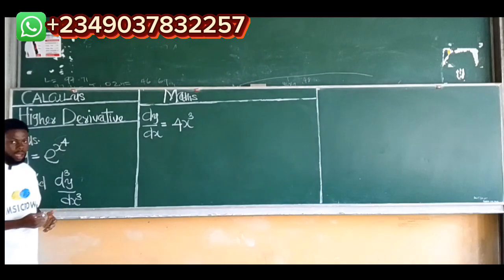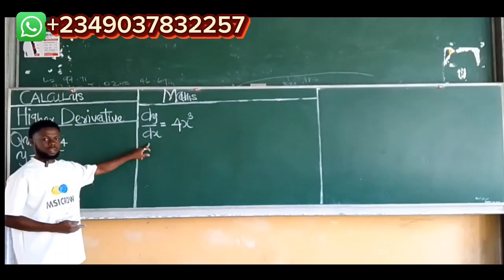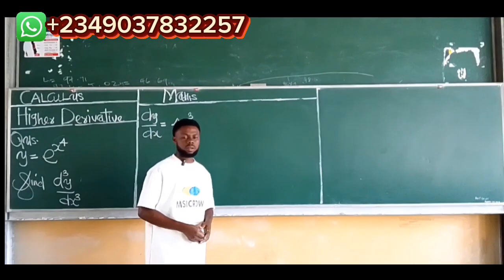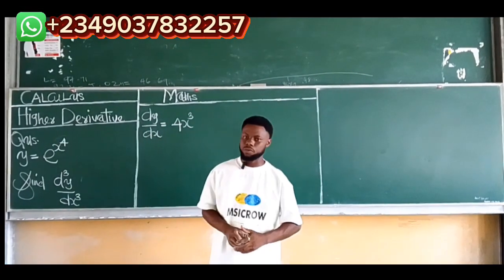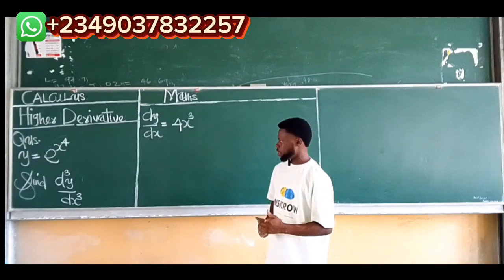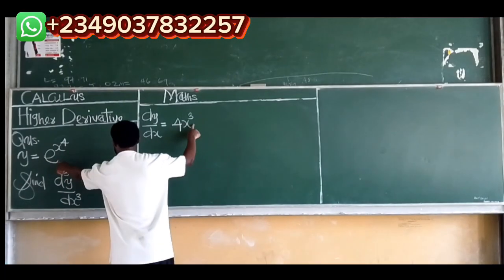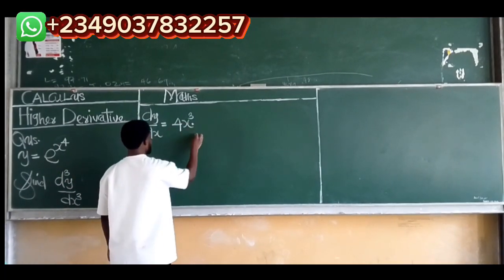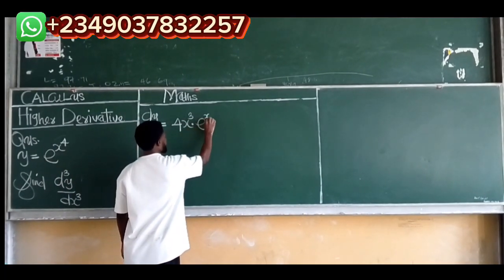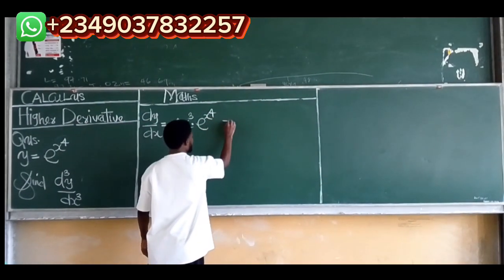So I'm using 4x raised to the power of 3 to multiply with everything we are having here. That becomes the result, and that will be dy over dx. Now, if you are choosing the second case, where we apply the chain rule formula, dy over du times du over dx, you obtain the same result. So multiply this by what we have here. So that becomes times e raised to the power of x to the power of 4. So the final result becomes dy over dx.